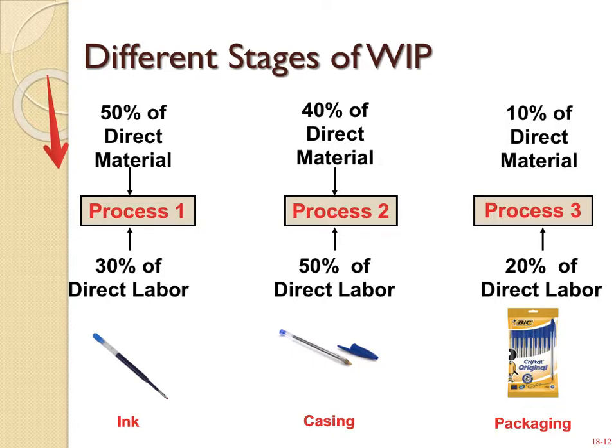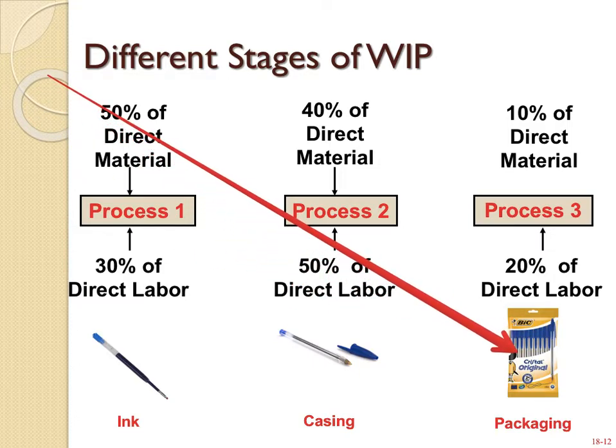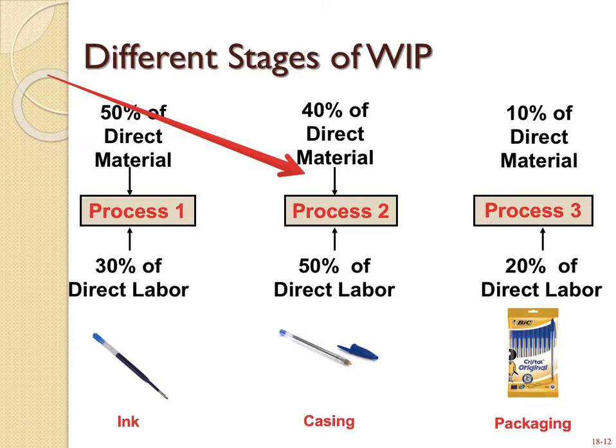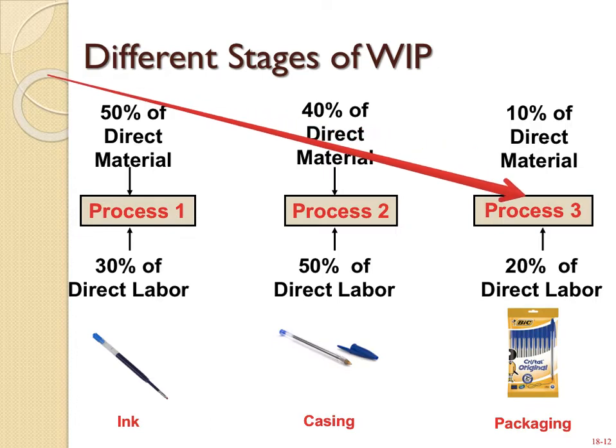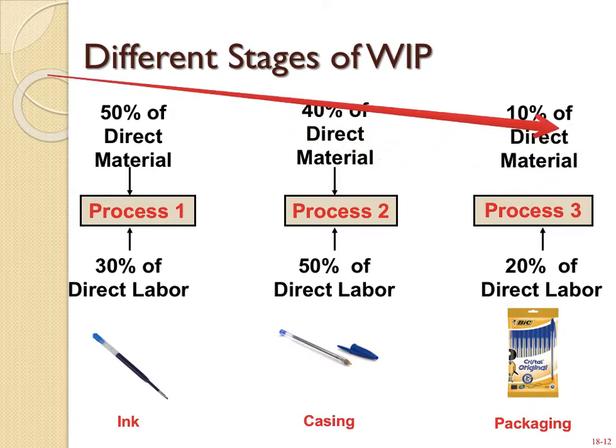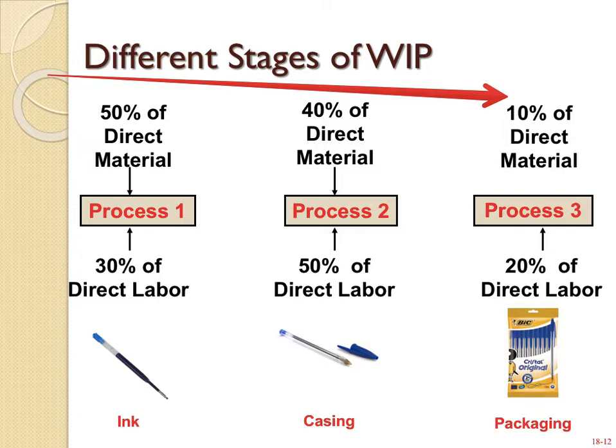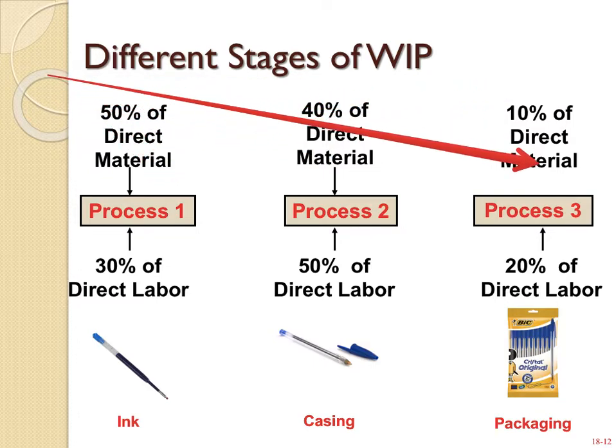So if all the materials it takes to make this final product of packaged pens is 100%, the materials as they go through the process go in at different phases. So for example, let's say 50% of the direct materials go in with the ink department. 40% of the direct materials go into the casing department, and then 10% of the direct materials go into the packaging department. Okay, you add all that up, it's the full 100% of materials, but it's gone in at different phases.